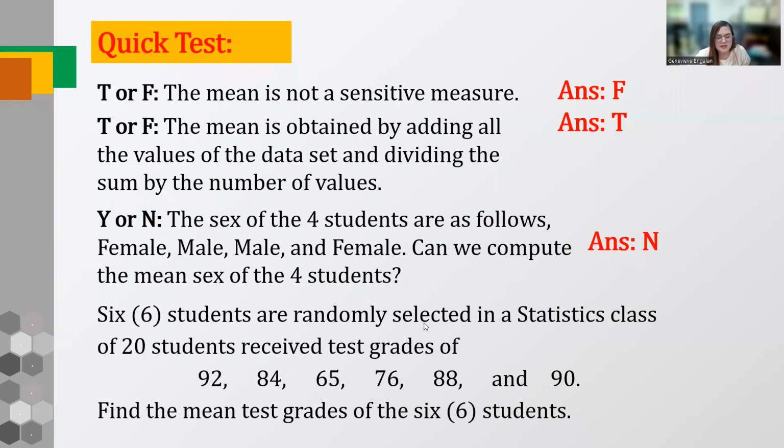How about this one? 6 students are randomly selected in a statistics class of 20 students. Receive the grades of, so kini daw silang 6 out of 20, mao ni sila ilang score. So unsa may mean nga grade? Sige. Compute.